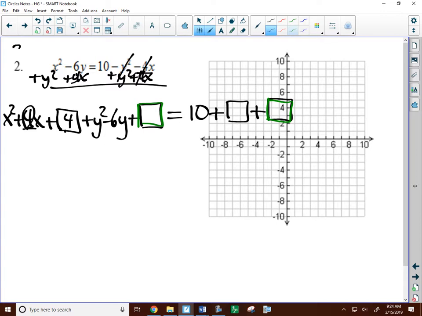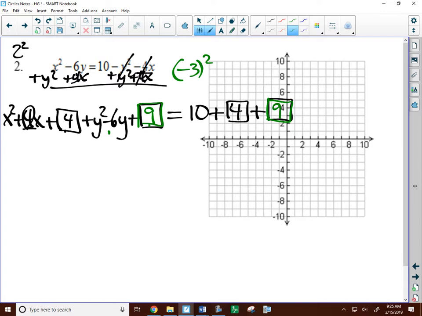You do half of this, which is 2, and you square it, which is 4. You put it over here as well. What about this one? 9. Half of negative 6 is negative 3, and you square that as positive 9, not negative 9. So put it there and there.